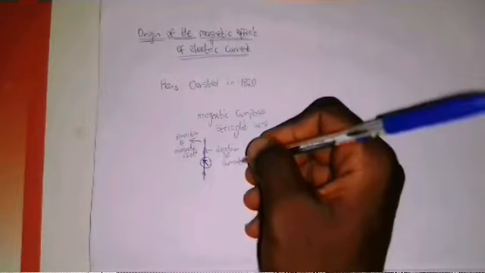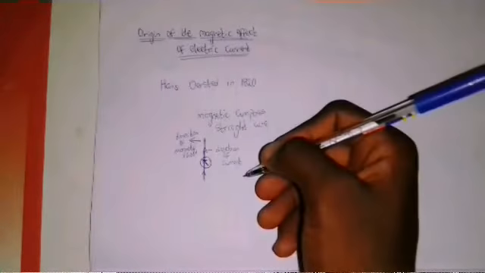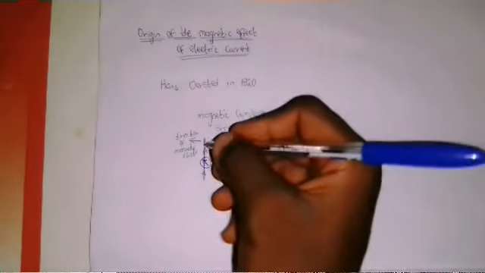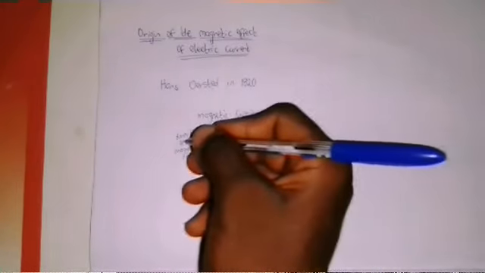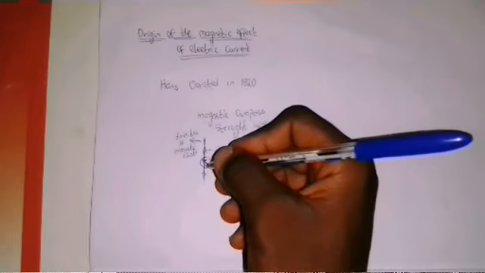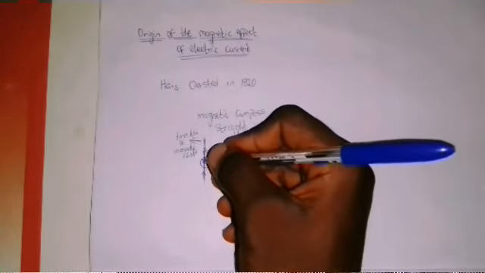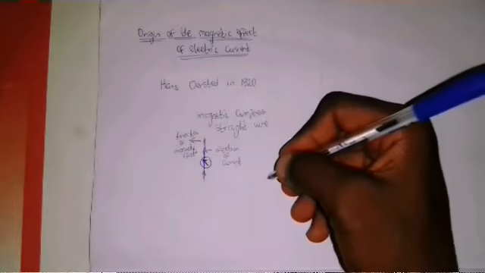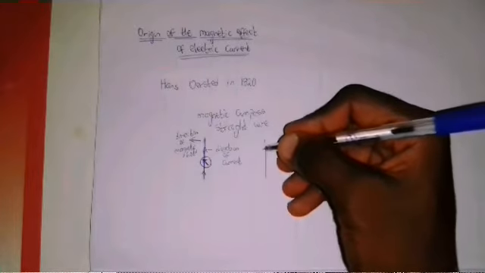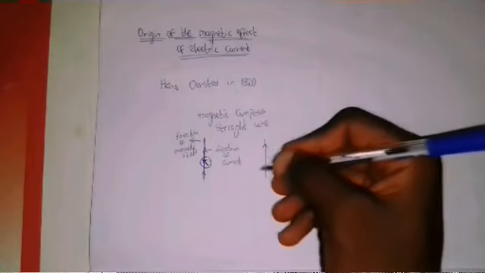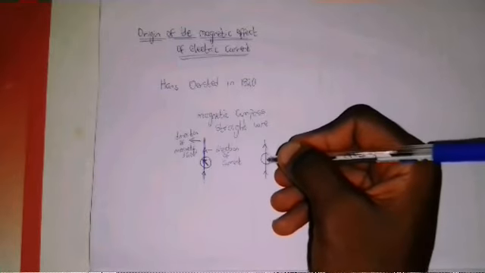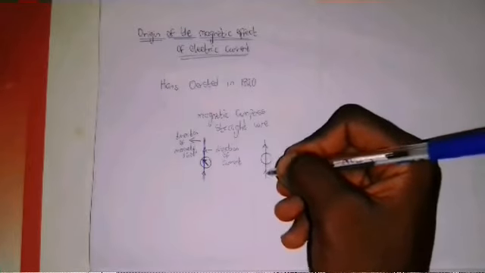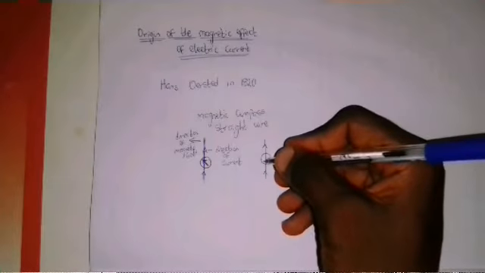So when current was passed through the wire, he discovered that the magnetic compass was deflected towards the left hand side, and that was because it was above the wire. In another case, he placed the magnetic compass below the wire, under the wire, like this, and he passed the current in the same direction.